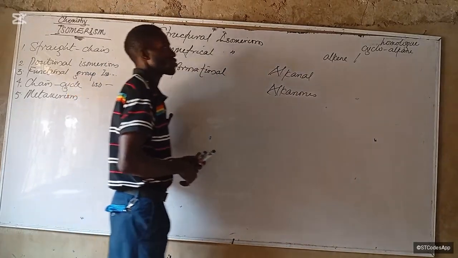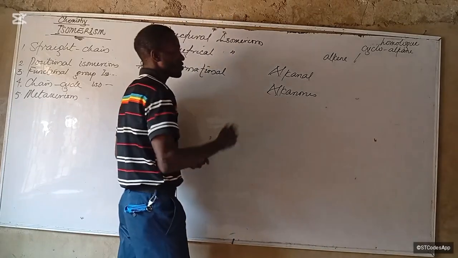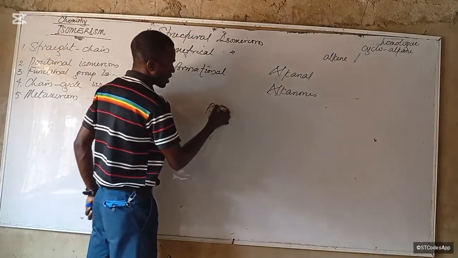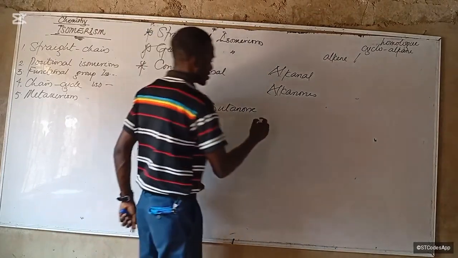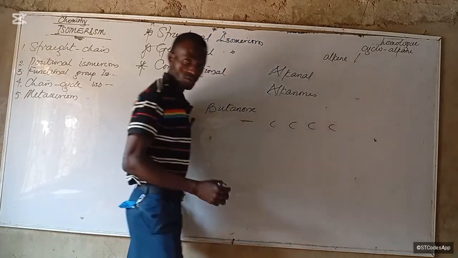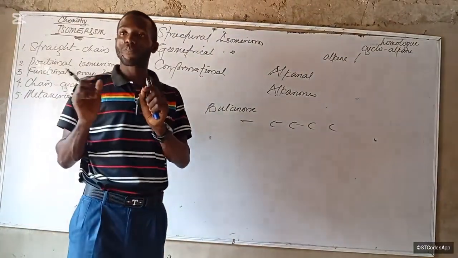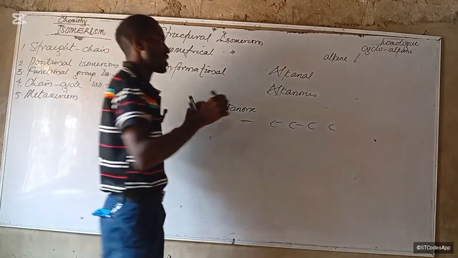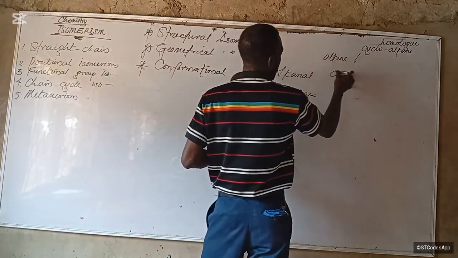So alkanal is going to have... Okay, let's do this. Let's give, for example, butanone. Let's see what butanone is. Butanone is this: 1, 2, 3, 4 carbons. On, because it has the carbonyl. You know that the functional group of these two is called carbonyl.